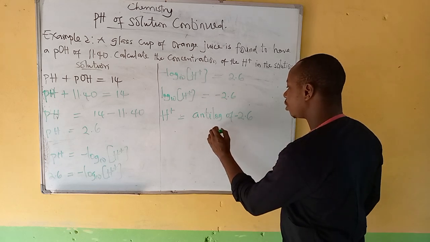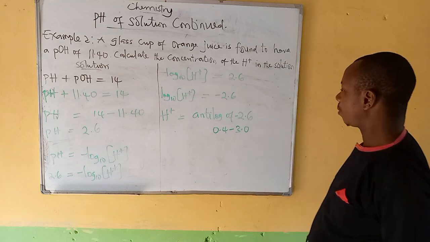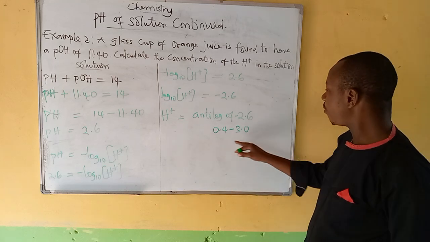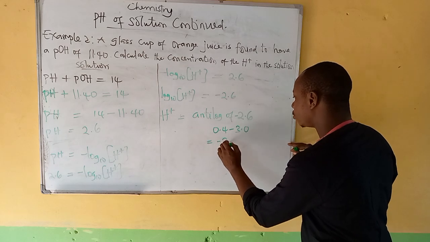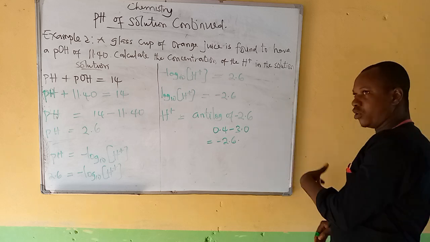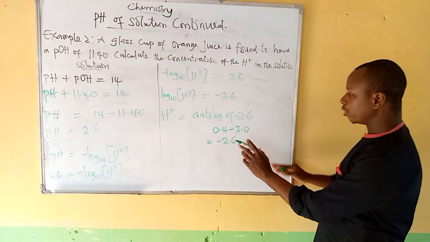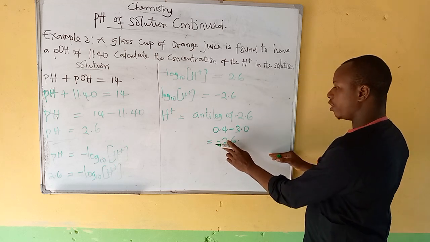Think of 0.4 minus 3.0. 0.4 minus 3.0 will give us minus 2.6. This is what you will do maybe in your rough place, but it is this minus this that is going to give us minus 2.6.